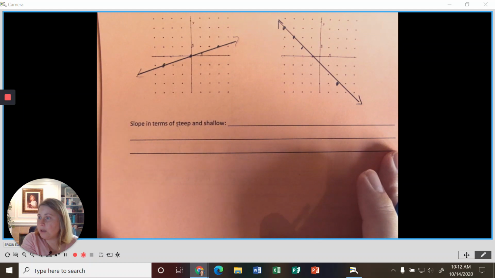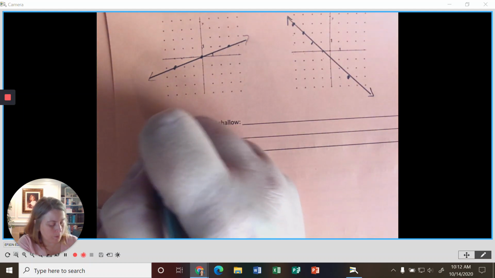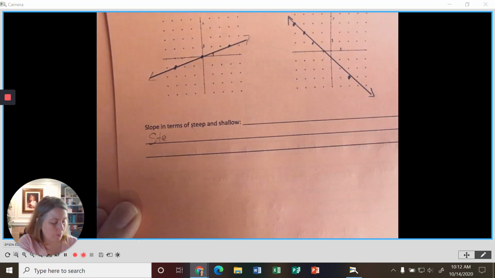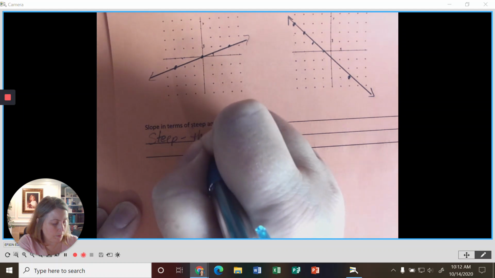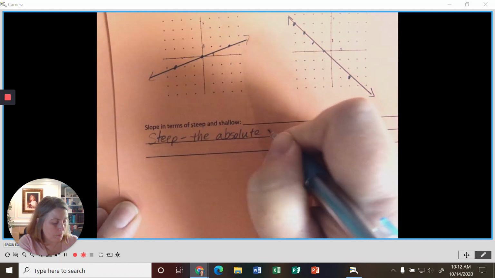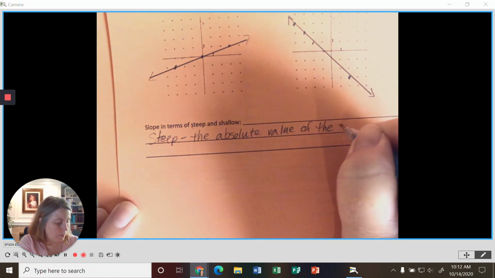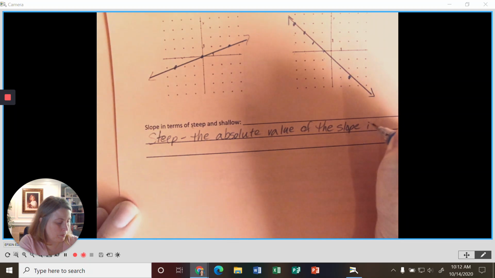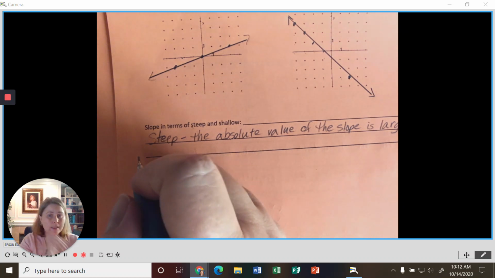So we have steep, absolute value of the slope is large. Okay, and then shallow, the absolute value of the slope is small.